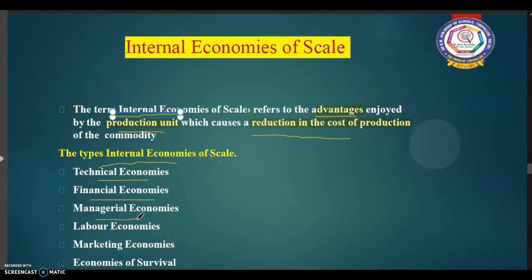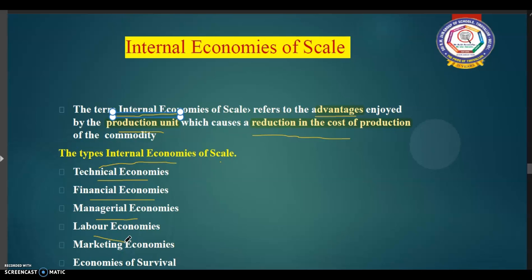Next one, managerial economies. Large scale production facilitates specialization and delegation. Next one, labor economies. Large scale production implies greater and minute division of labor. This leads to specialization which enhances the quality.